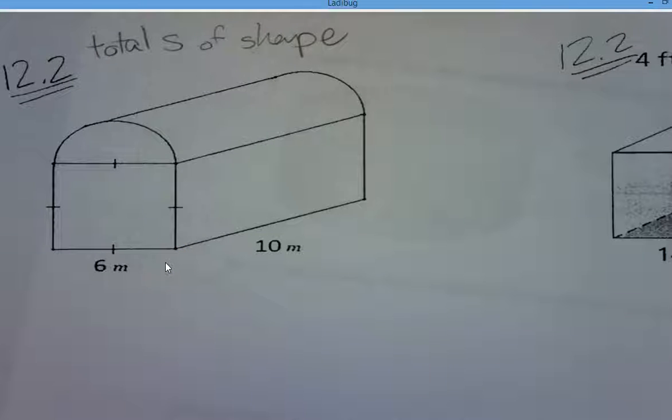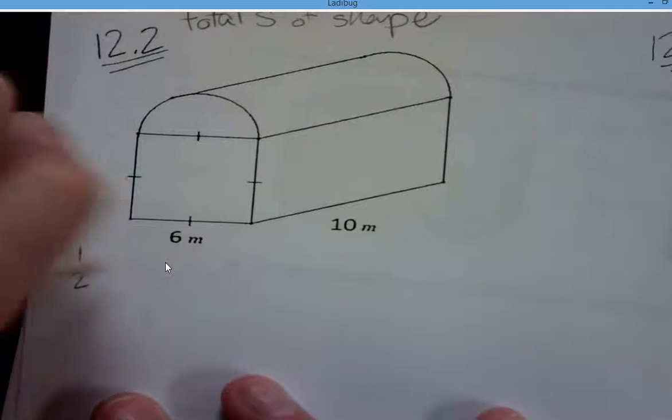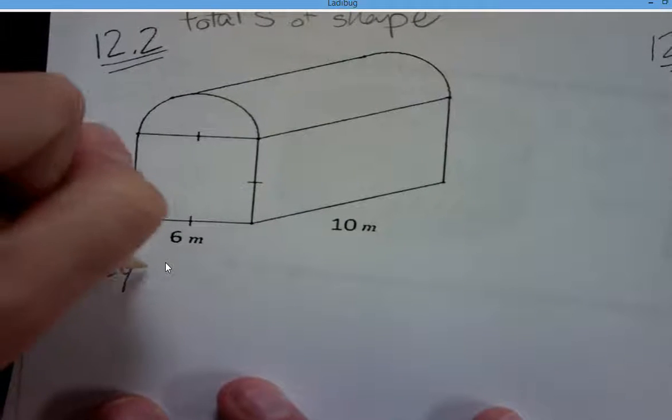All right, what 2 shapes do we have on this first one? Rectangle, prism, cylinder, semicircle. Semi-cylinder, that's what it's called. It's actually a shed, so half of a cylinder, right?